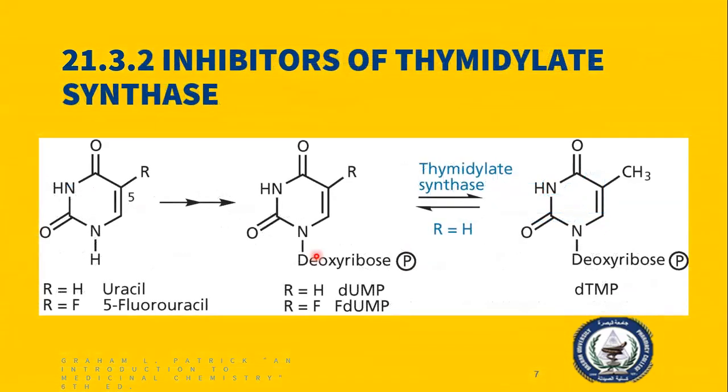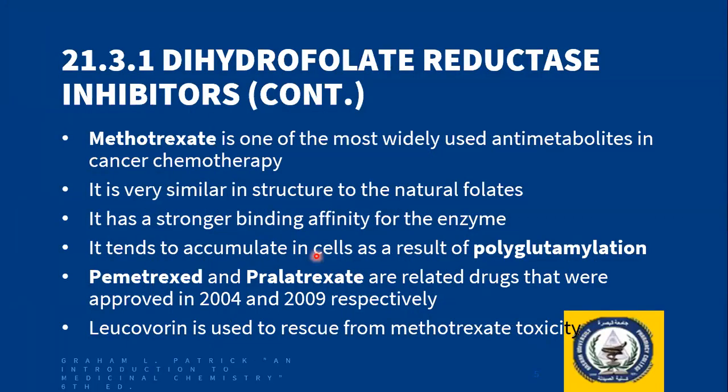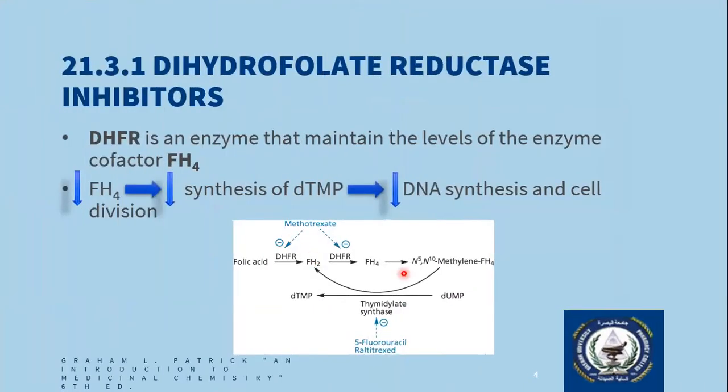Okay, we talked about inhibitors of the dihydrofolate reductase, and as you saw from the previous figure, inhibiting the dihydrofolate reductase will eventually lead to the inhibition of the thymidylate synthase.